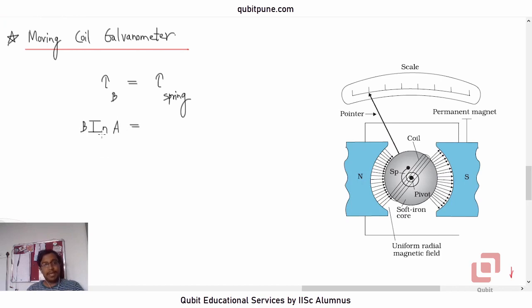Tau spring is k theta, where k is the spring stiffness. This is a coiled spring, so the SI unit of k is not newton per meter, it is newton meter per radian. So you can connect current and theta. Current is k theta upon BNA, or you can get theta in terms of current: theta is BNA I upon k. Clear?